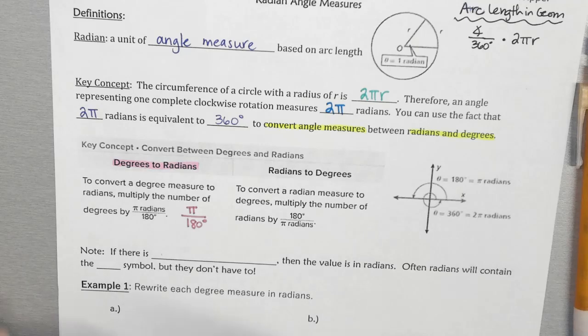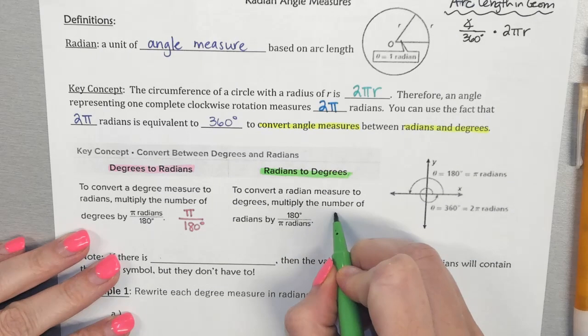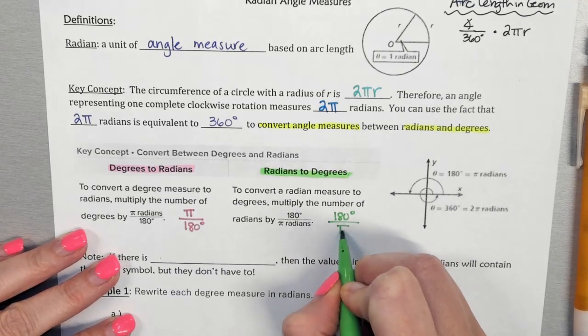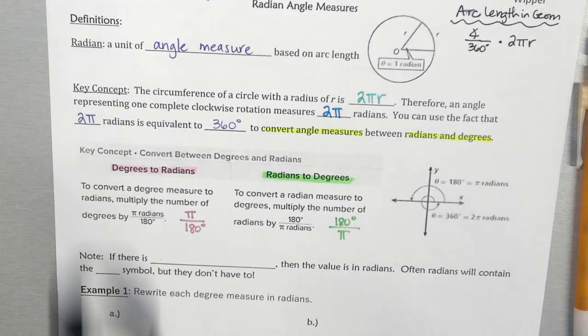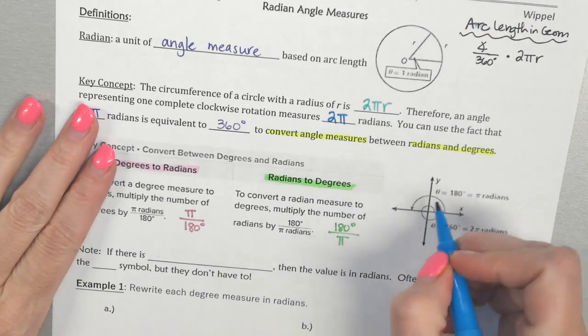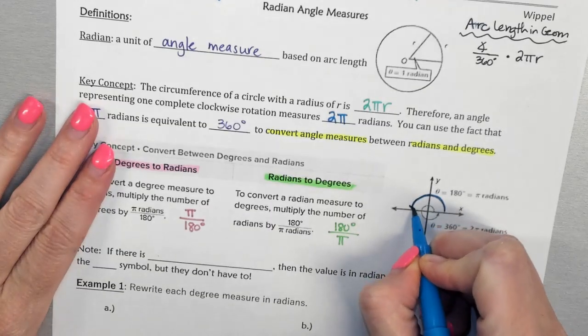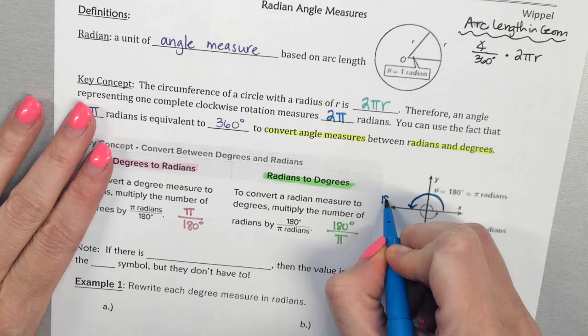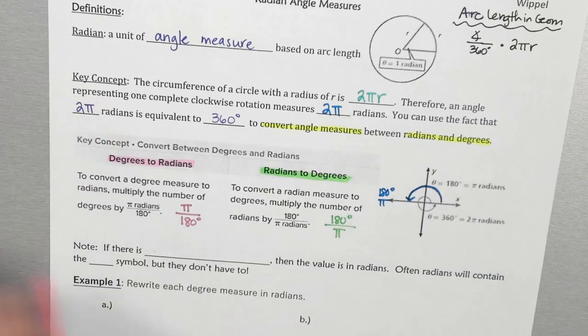And then if you are doing radians to degrees, we're going to multiply by 180 degrees over pi. Okay, so for the 180 degrees, this part here is 180, which is the same as pi.